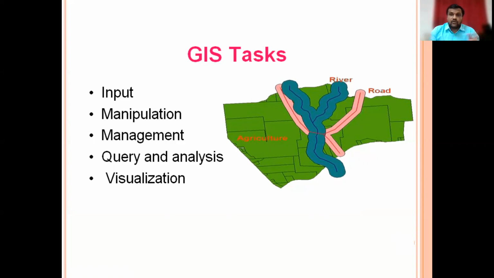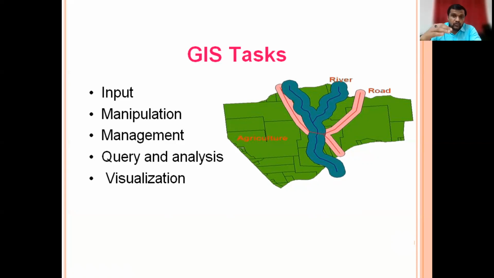If we have a large volume of data sets, large spatial data sets, we can perform query and analysis processing. It's a kind of task that can be done using GIS technology. And finally, we can visualize our data sets in the form of maps. That is a very important component of GIS.